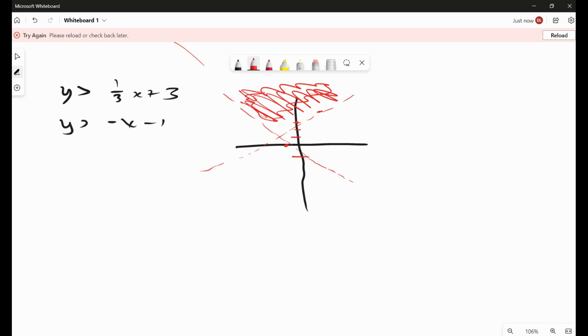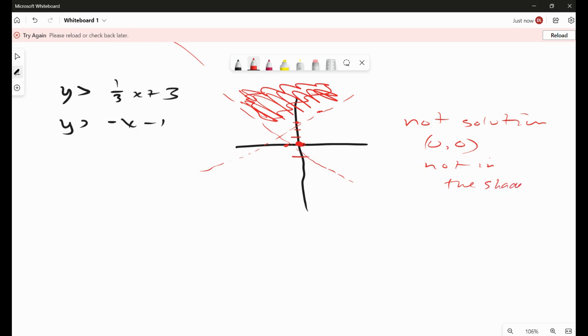And so my question is, is 0, 0 a solution? So it is not a solution because 0, 0 is not in the shaded area.